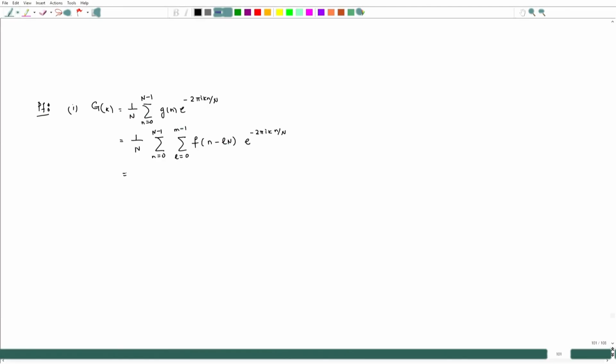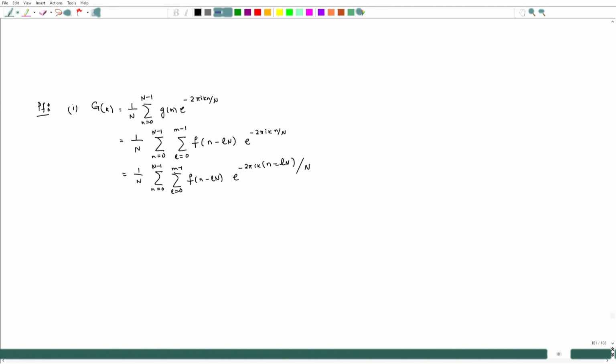So, therefore, I can write this as 1 by n, summation over n from 0 to n minus 1, summation over L from 0 to m minus 1 of f of n minus Ln times e to the power minus 2 pi i k times (n minus Ln) divided by n, because Ln by n is L and e to the power 2 pi i k L is nothing but 1.